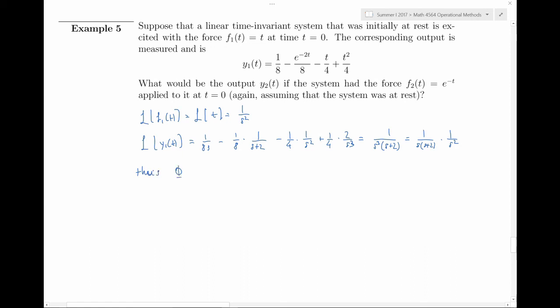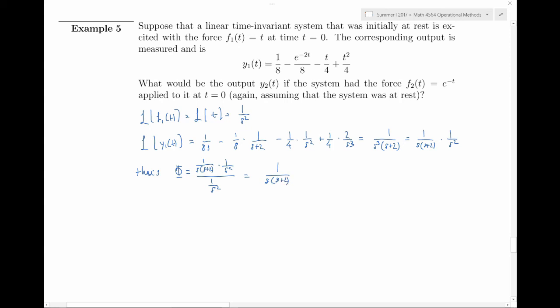Thus, the system transfer function is the ratio of the Laplace transform of the output divided by the Laplace transform of the input. So it's 1 over s times s plus 2.